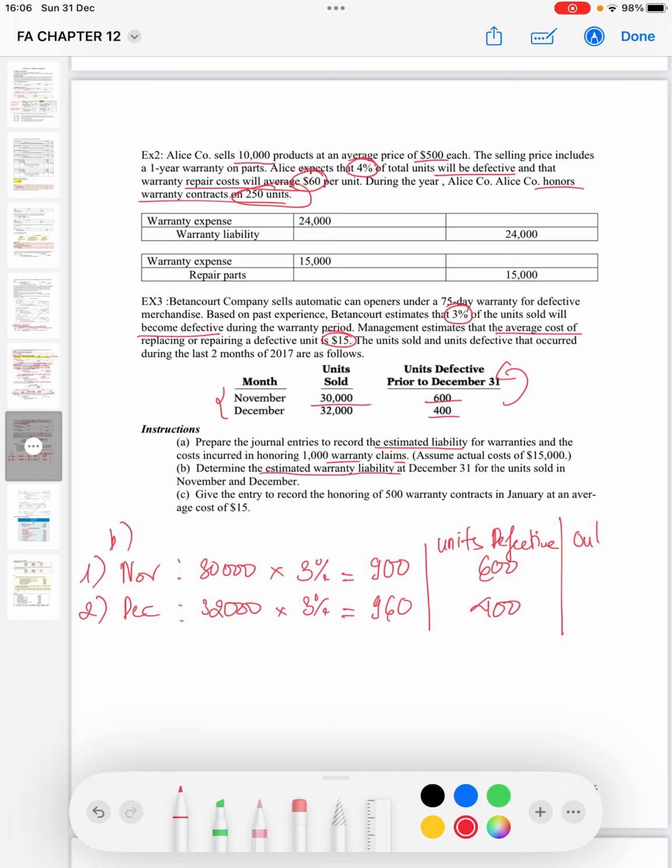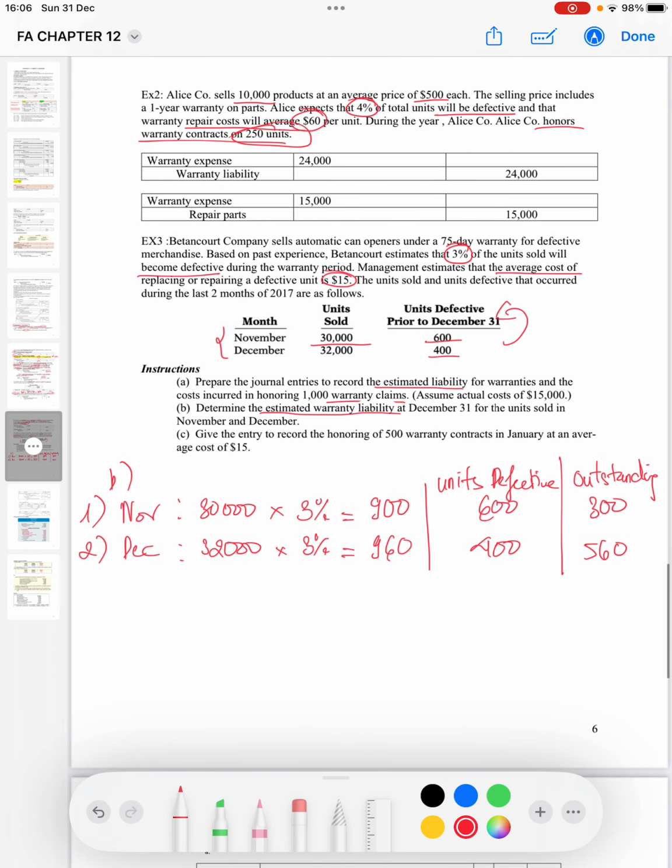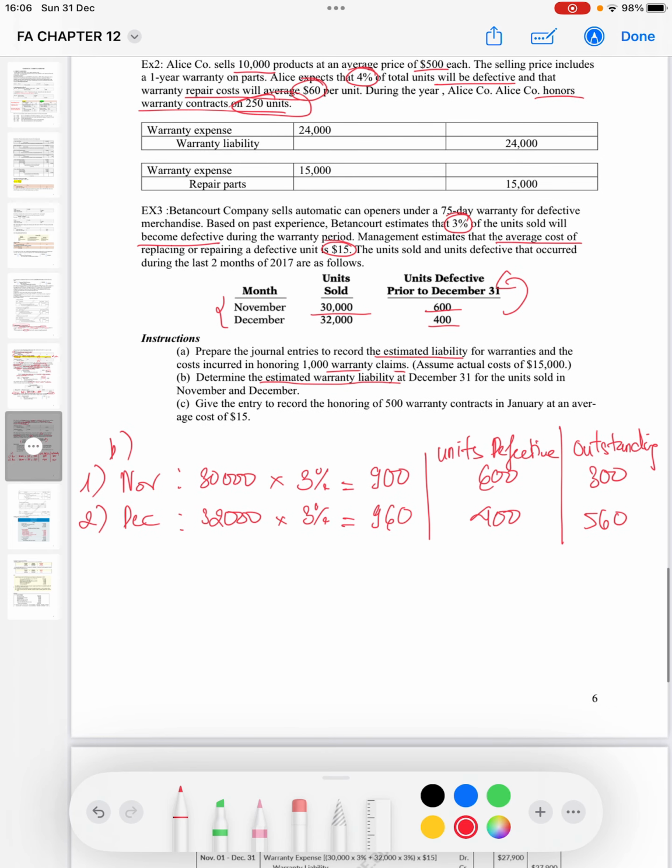So for the outstanding, you use this amount minus this amount: 300 for November, and for December 560.